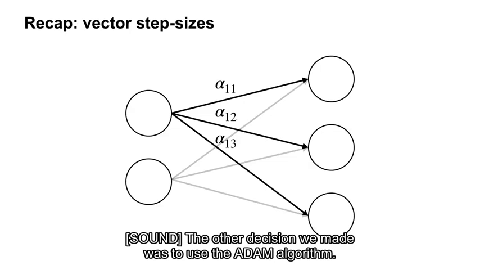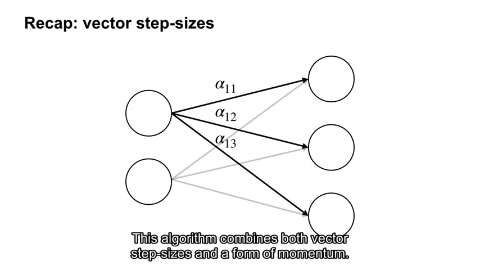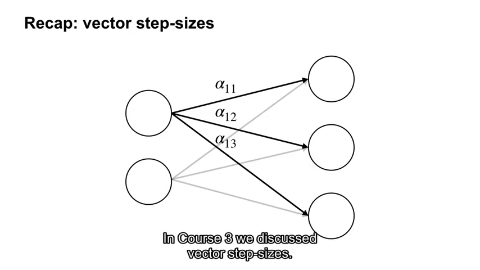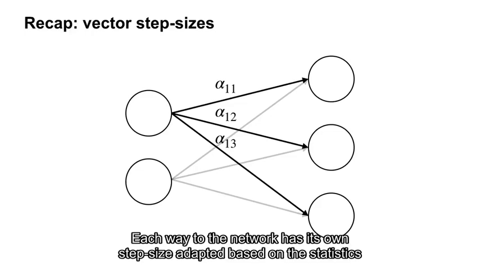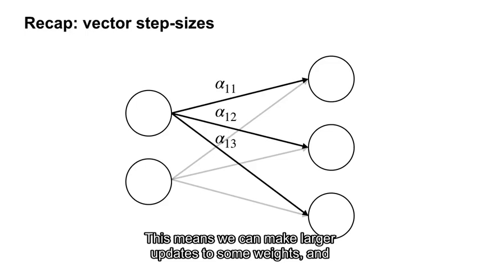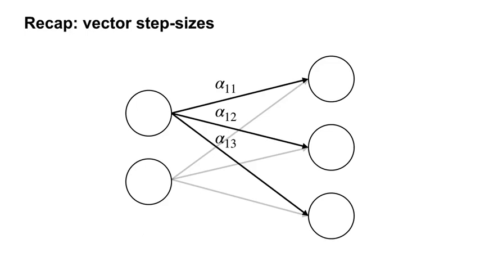The other decision we made was to use the ADAM algorithm. This algorithm combines both vector step sizes and a form of momentum. In course 3, we discussed a vector of step sizes. Each weight of the network has its own step size, adapted based on the statistics of the learning process. This means we can make larger updates to some weights and smaller updates to the others.